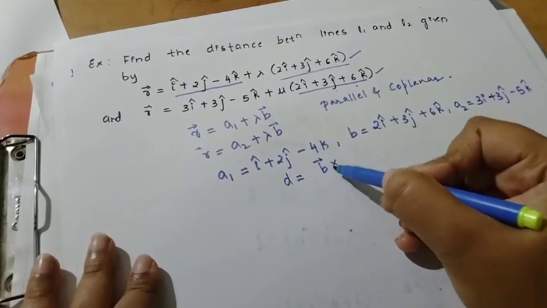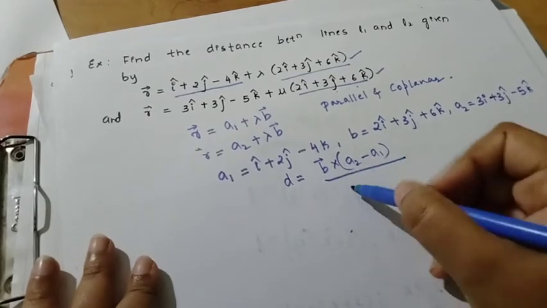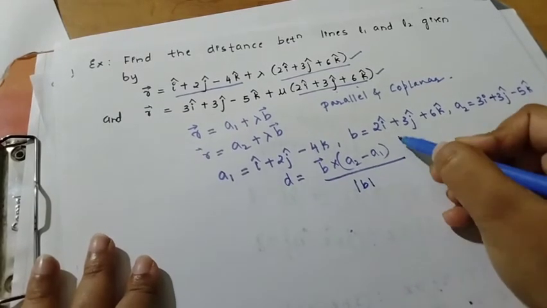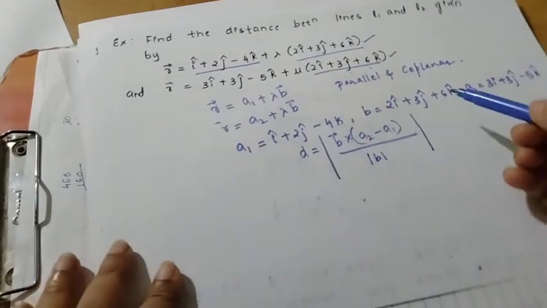B cross A2 minus A1 divided by modulus of B. Okay, so first I will find A2 minus A1.